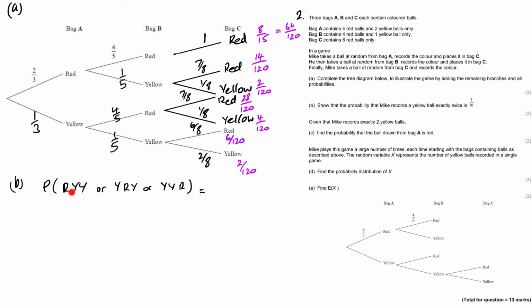So following red, yellow, yellow is 2 over 120. Plus, following yellow, red, yellow is 4 over 120. And then finally yellow, yellow, red, 6 over 120. So that gives me 12 over 120, which simplifies to 1 over 10, as required here.